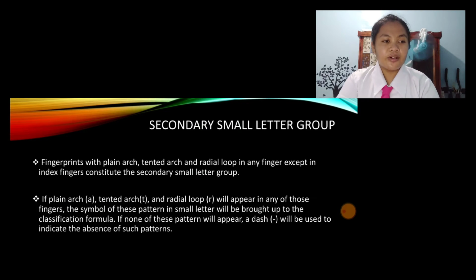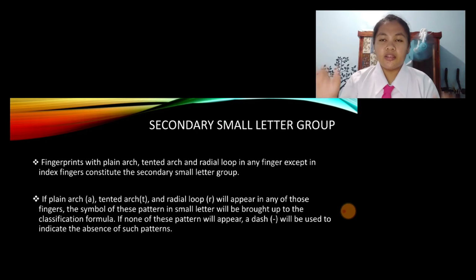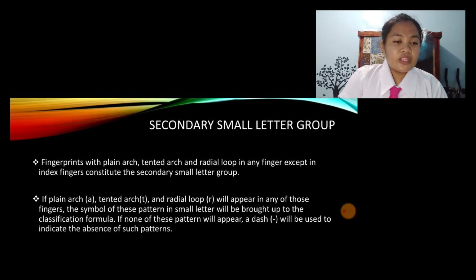If none of those patterns appear, a dash will be used to indicate the absence of such patterns.